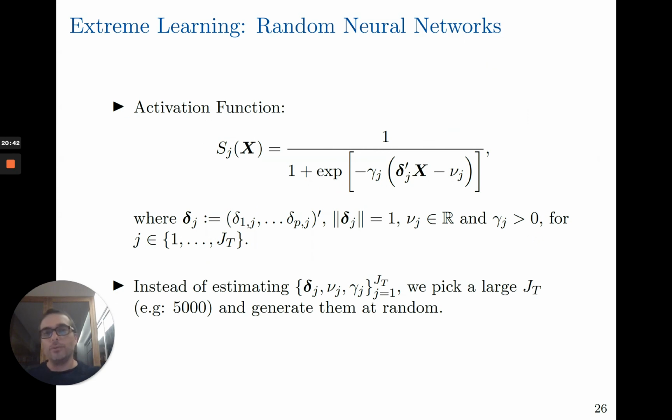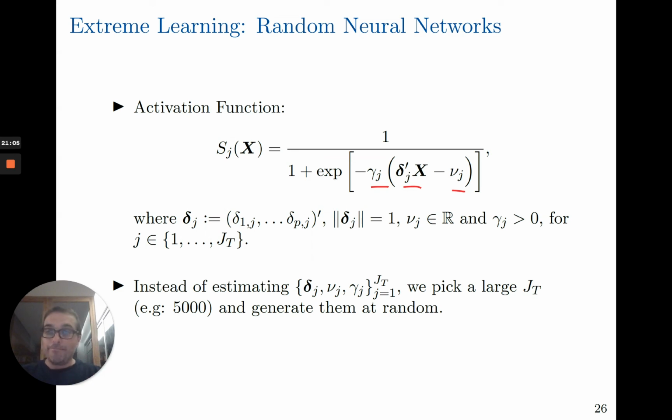So what we're going to do, instead of estimating these parameters, is generate them at random, but in a smart way, taking into account this geometric interpretation. I'm going to get gazillions of these neurons, of these terms, of these functions.